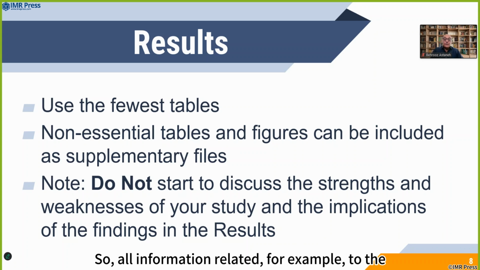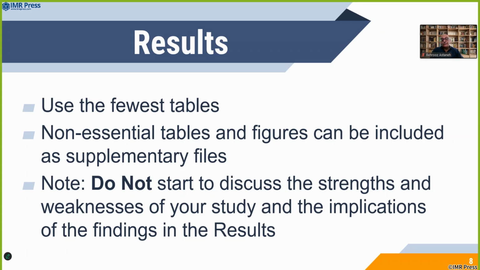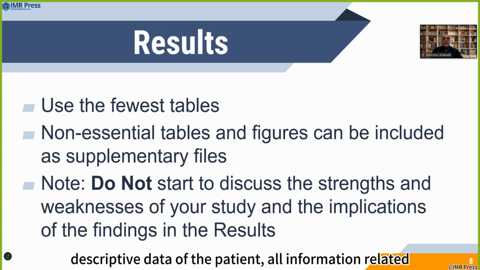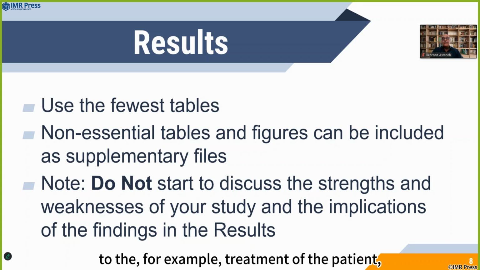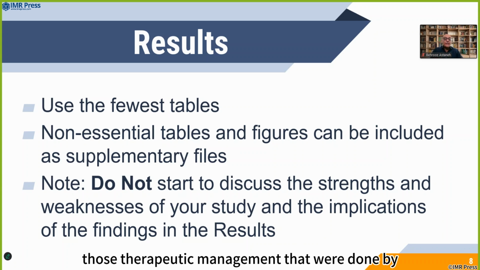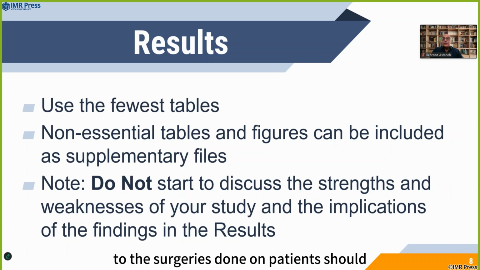So all information related, for example, to the descriptive data of the patient, all information related to the treatment of the patients, those therapeutic management that were done by the researchers, all data related, for example, to the surgeries done on patients should be put in different tables.